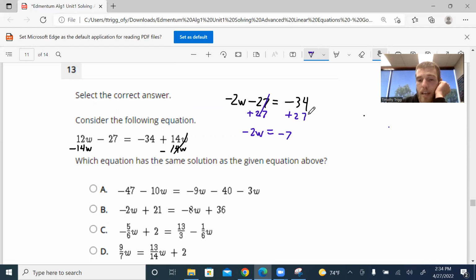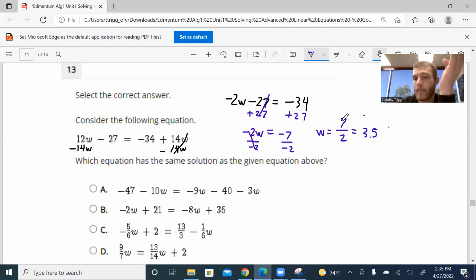Keep in mind it's negative 7 because you have more negatives in this case. Divide both sides by negative 2. Divide by negative 2 gives you W equals, a negative divided by negative is positive, so positive 7 over 2. Or if you like it as a decimal, that's 3.5.